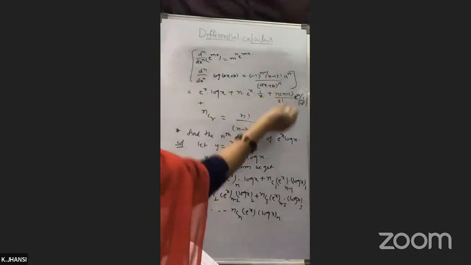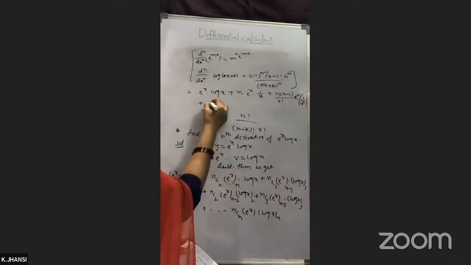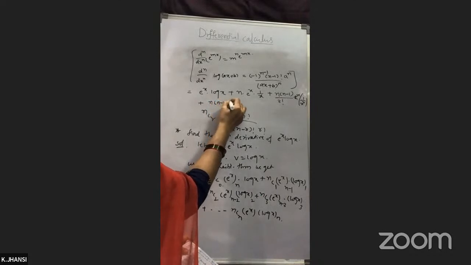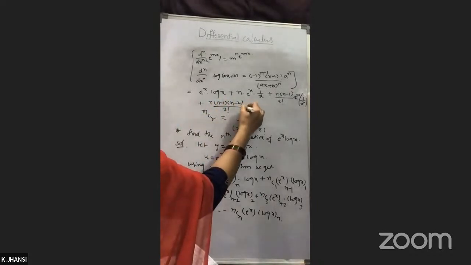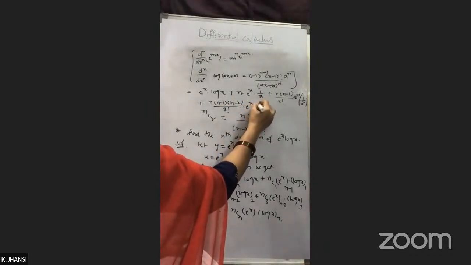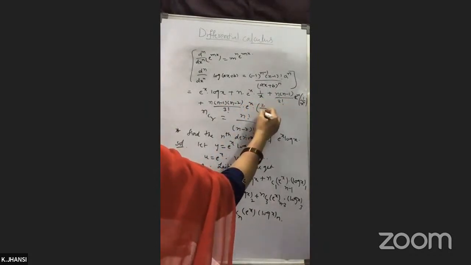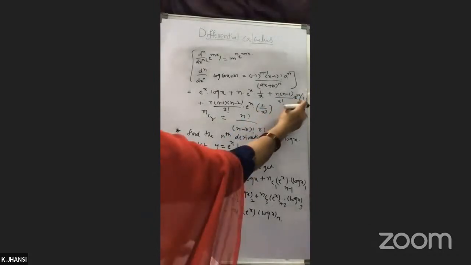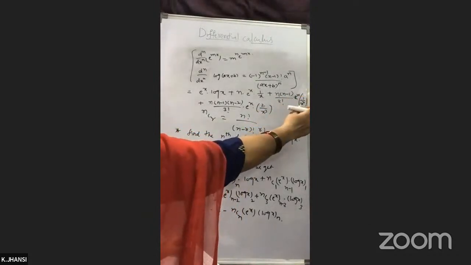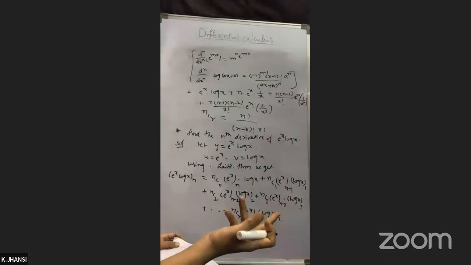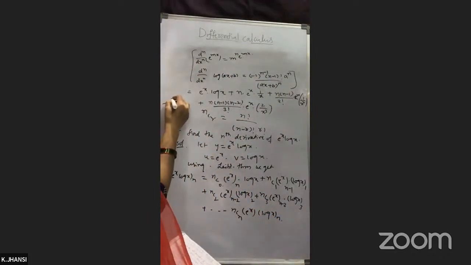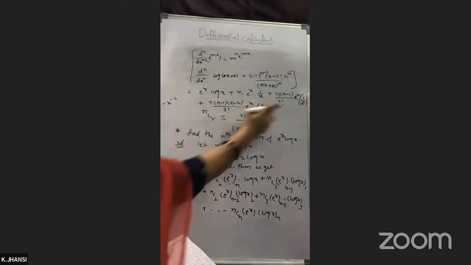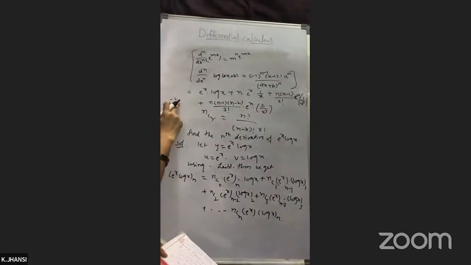Next, if we do third, nC3. nC3 is n into (n minus 1), (n minus 2) by 3 factorial, e power x same. Next, you will get this as 2 by x cube. For minus 1 by x square, you are doing one more time differentiation. So how will you do that one? That is minus x to the power of minus 2.